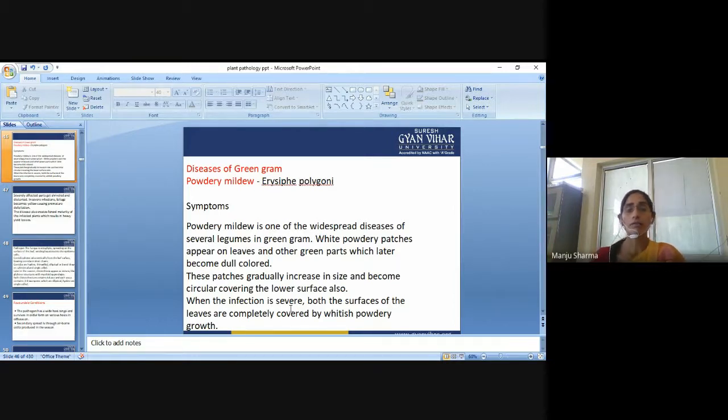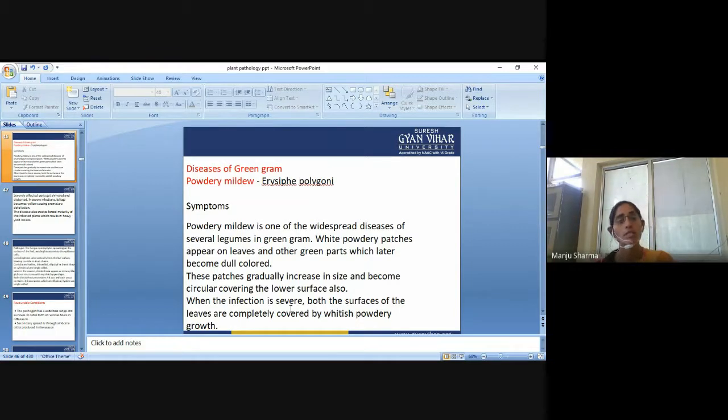After some time they make a colony, and the colony will be white in color, looking like a powder. That's why the name given is powdery mildew disease.